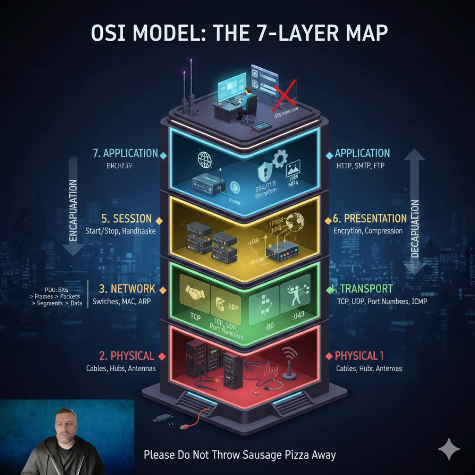It sounds like something you'd find in a dusty old textbook behind a bookshelf in a library, and probably actually is on a bookshelf in a library, collecting dust. The OSI model has been around a long time, but if you don't know the difference between a layer 2 attack and a layer 7 attack, you're basically fighting in the dark. Today we're going to break down all 7 layers, so you can stop guessing and start securing. So let's get to it.